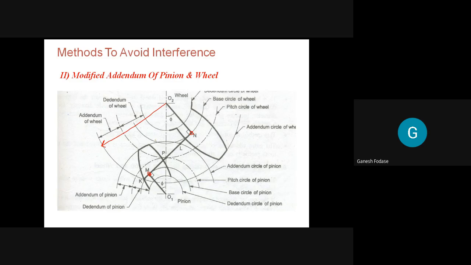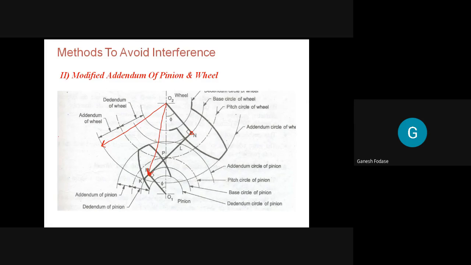To avoid this, we can reduce the addendum radius. It must be less than or equal to O2M. We can increase up to O2M only. So to avoid the interference, I have to reduce the addendum of the wheel.